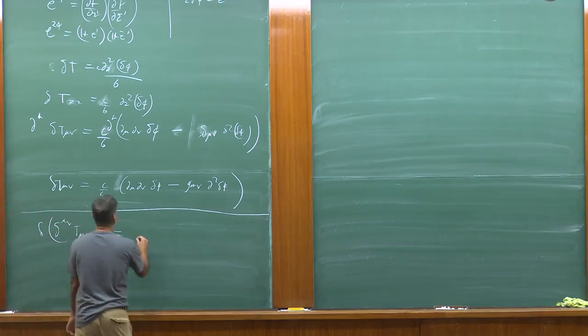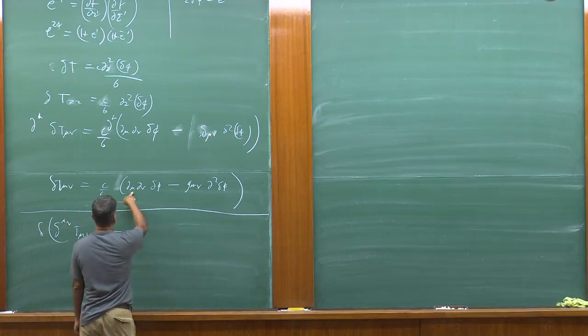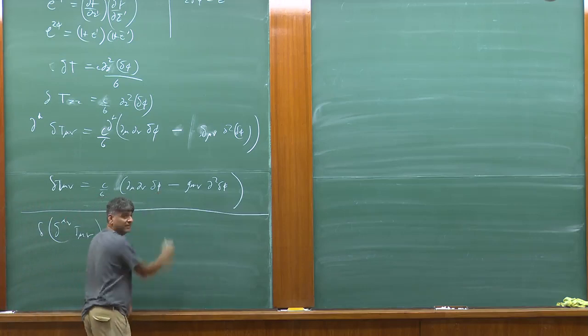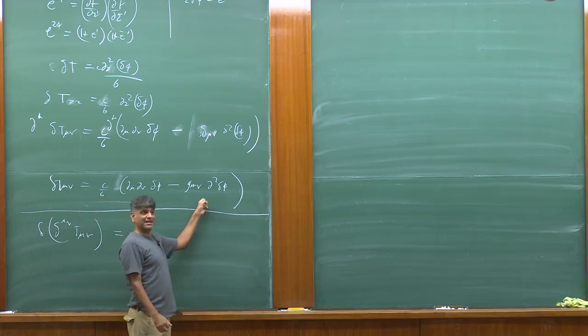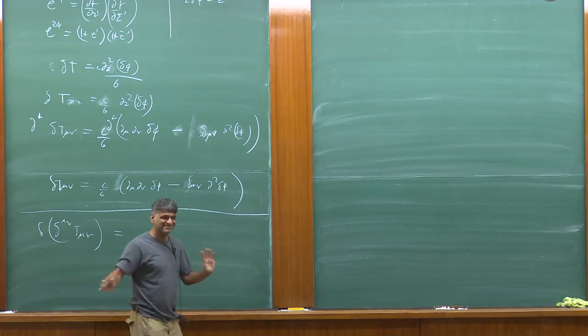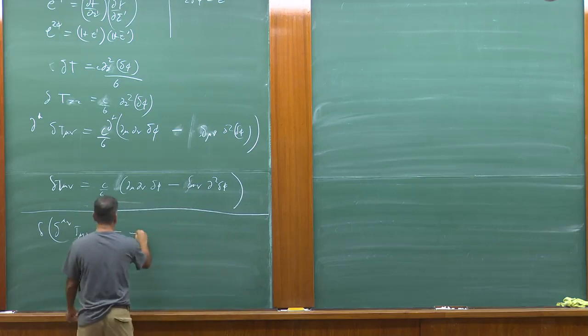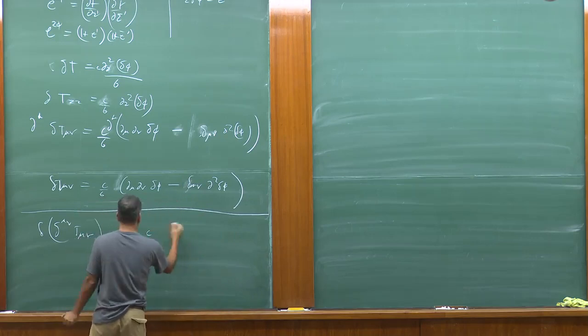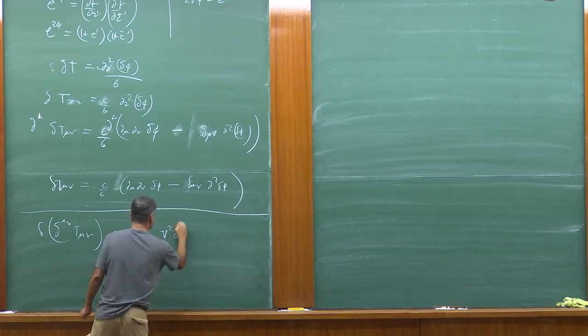That is equal to, this becomes del squared delta phi, but this becomes minus 2 del squared delta phi. Right? So we get minus c by 6 into del squared delta phi.